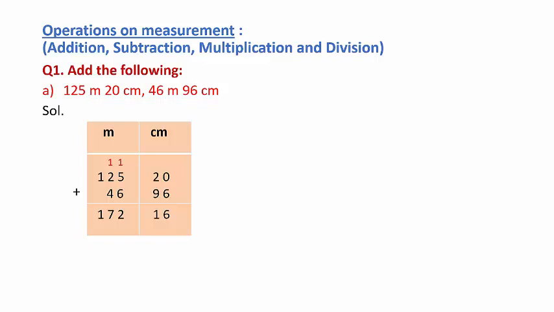Now adding meter column, that is 1 plus 5 plus 6, that will give you 12. 1 is taken carry and 2 is written at the bottom. So 1 plus 2 plus 4 in the 10th column is 7, and in the 100th column 1 is taken down there. So our answer is 172 meter 16 centimeter.